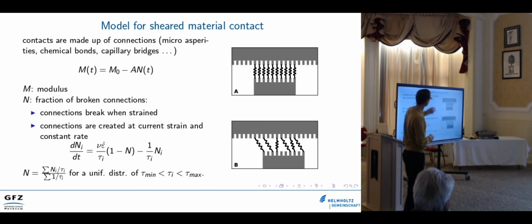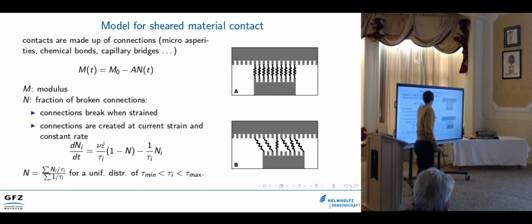So we use this concept of the bonds forming between the different sides of a contact, but now in shear motion. We have the modulus that depends on the number of these bonds, and then we have a governing law for the number of these bonds that depends on the strain rate.